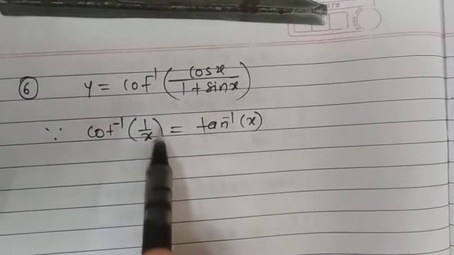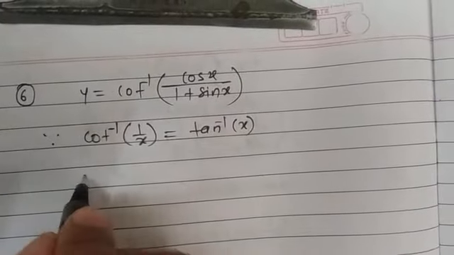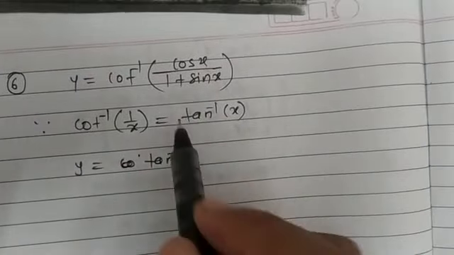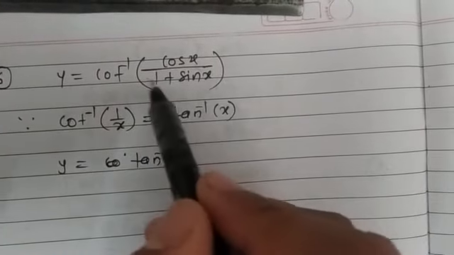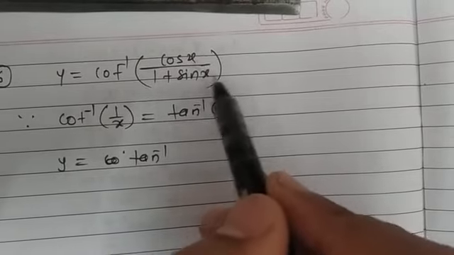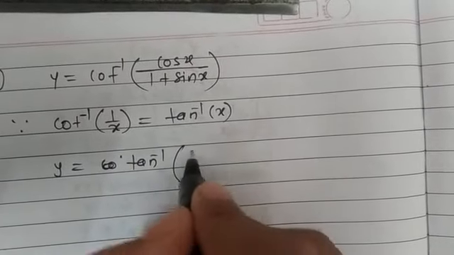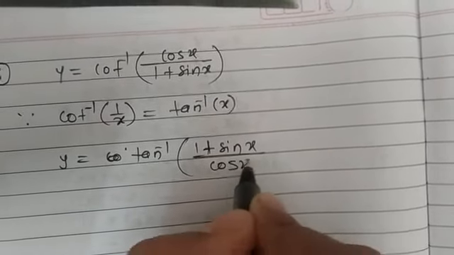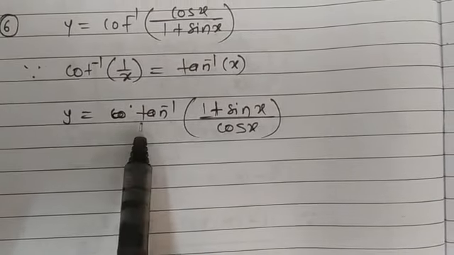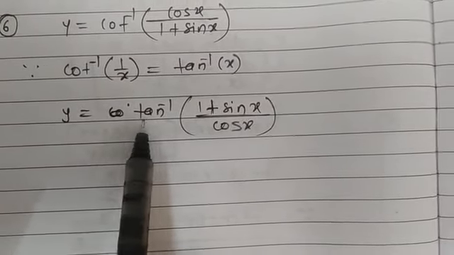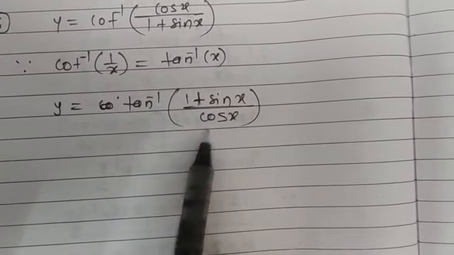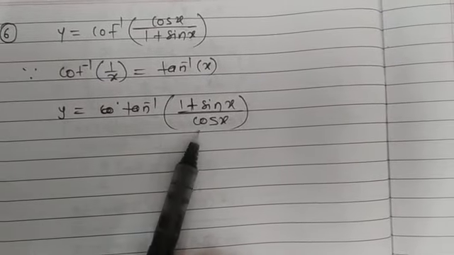So we can change the reciprocal of the angle, and our original example becomes y is equal to, now what happens here, the denominator becomes the numerator and the numerator becomes the denominator, so we are taking only the reciprocal of this part, 1 plus sin x upon cos x, right? Now to solve this example, outside of the bracket here is tan inverse, so we have to convert this part in terms of tan, so that this tan inverse and tan get cancelled.